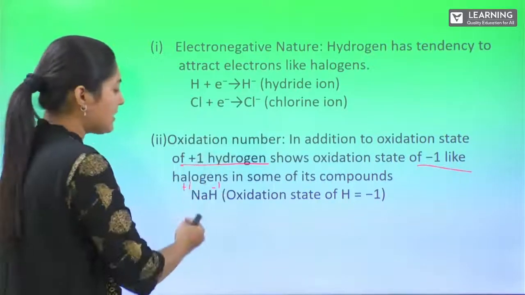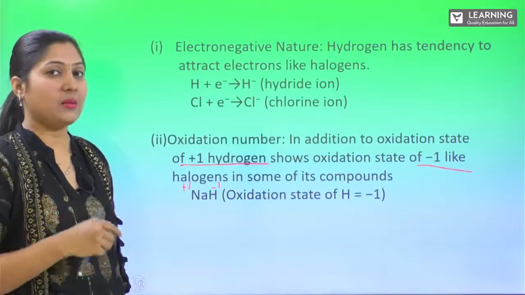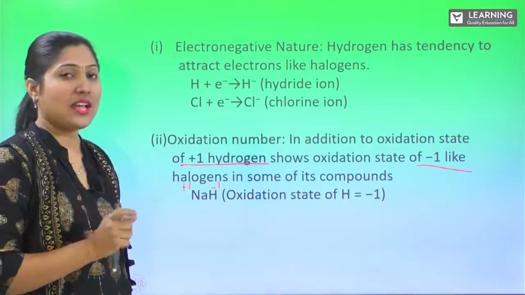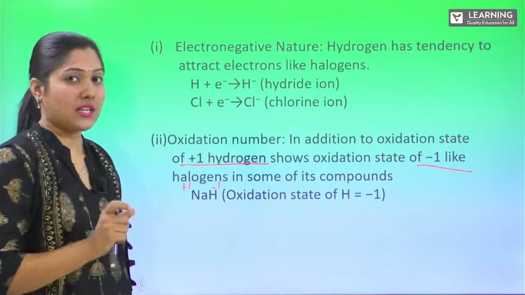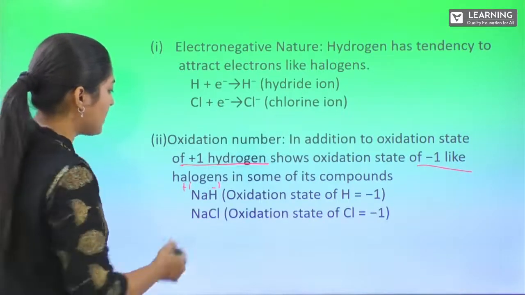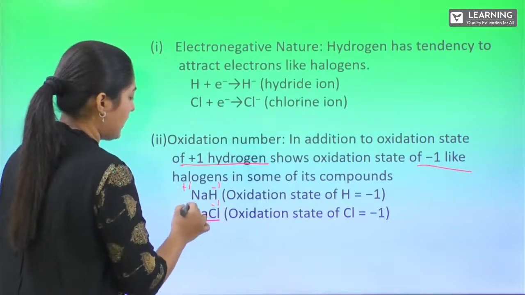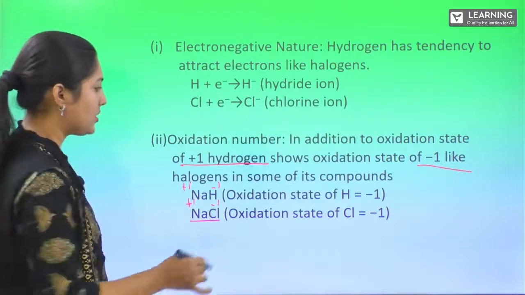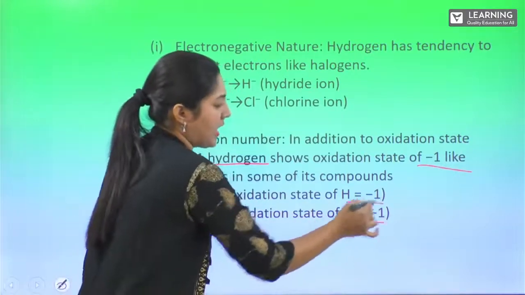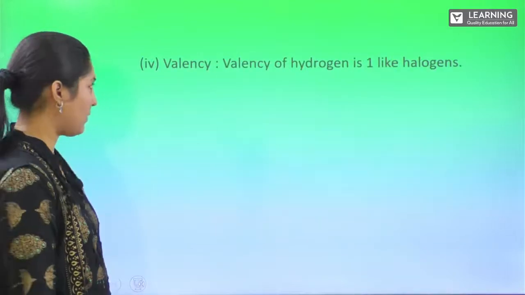So when metals are reacting with hydrogen, hydrogen acts as an electronegative element. When hydrogen is reacting with non-metals, hydrogen acts as an electropositive element. Similar to halogen, NaCl, Cl will have -1, Na +1. So oxidation state, chlorine and hydrogen will have similar oxidation state, that is -1.